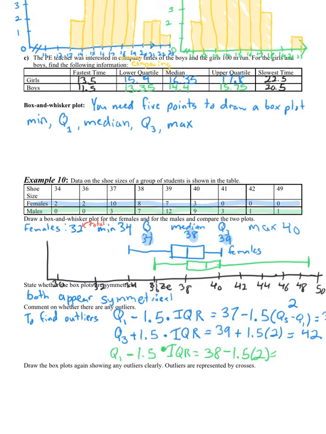So the lower boundary is going to be 35, and then the upper boundary was going to be 43, I think. And when we get the upper boundary of 43, that's when we'll see, hey, there's definitely one outlier. It's this sucker over here, this 49. That's how you can determine where outliers are.